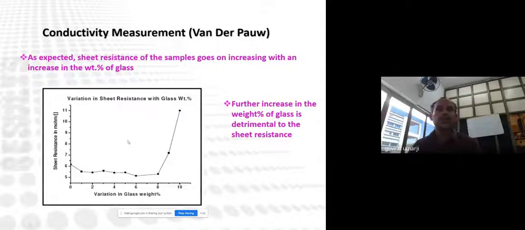What we observed is that with no glass, we have a sheet resistance of around 6.3 milliohm per square.